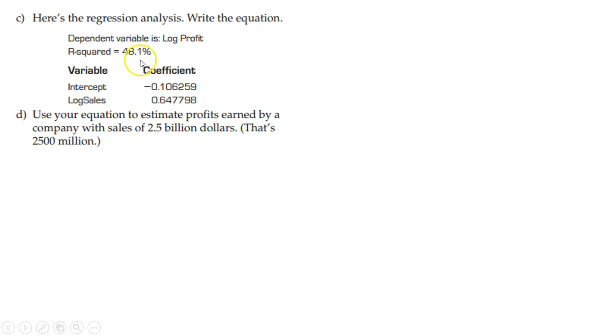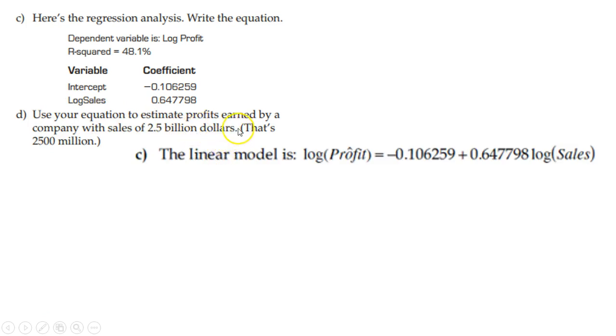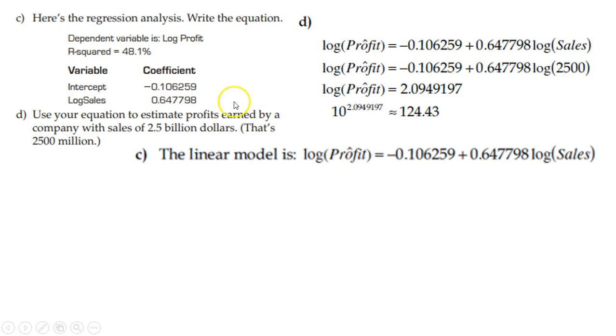Then it says here is the regression analysis for the equation. And it says use your equation to estimate profits earned by a company with 2.5 billion. Well, the linear model right here is given, log of sales. So when you plug this in so we can get some practice, it says plug in $2.5 million. Because it's in terms of thousands, that means 25 million.